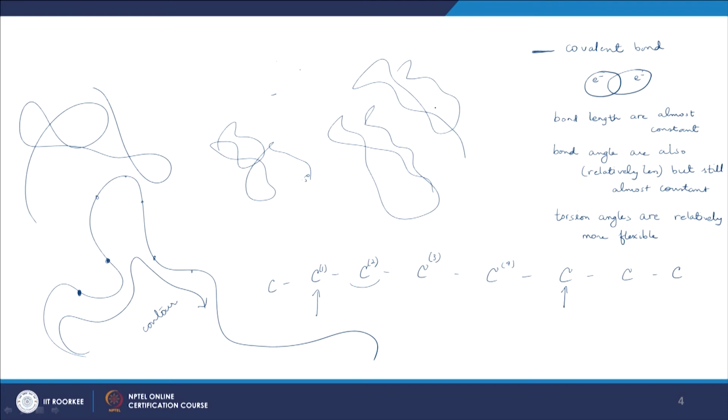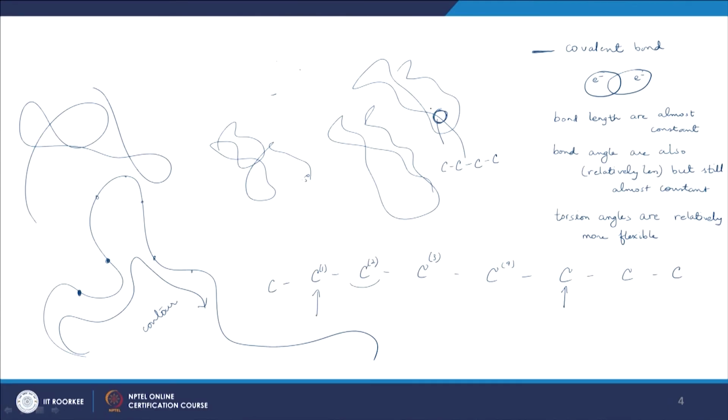If I really zoom into the polymer chain, you will see that there is a sequence of carbons and they still have a high degree of correlation at short distances along the contour. But since the number of carbons is too large, that really happens when we zoom in there, right. So it is locally very straight, it is locally very correlated, but the overall structure is very flexible when we look at this particular polymer chain, okay.